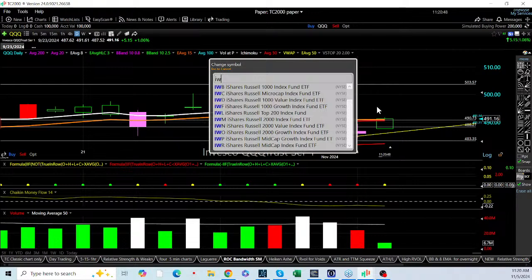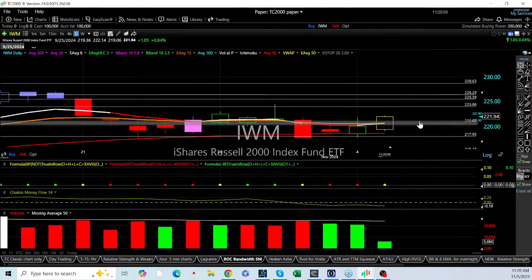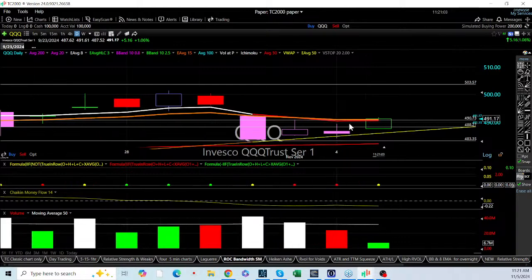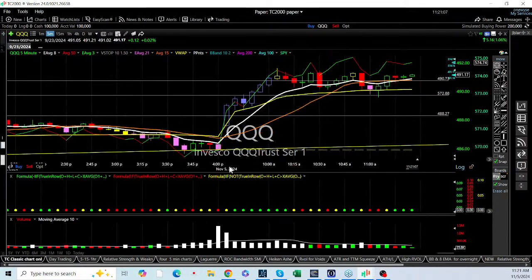The IWM is the index that has the most room to the upside right now, because it's above the 8 and the 15 right here and above the 50 SMA. So it has some room to the upside. So it's tradable. The Qs are also tradable now if it stays above the 8 and the 15, assuming you get the setup on the Qs.